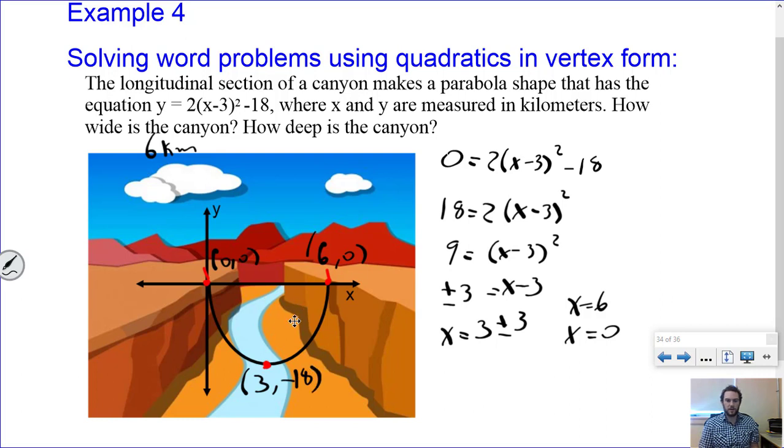So in the context of this question, what does negative 18 mean? Well, negative 18 means that we are 18 kilometers down from the lip or the edge of my canyon. So in other words, my canyon is 18 kilometers deep. Right? So we have a canyon that's 6 kilometers wide and 18 kilometers deep. And there we go.